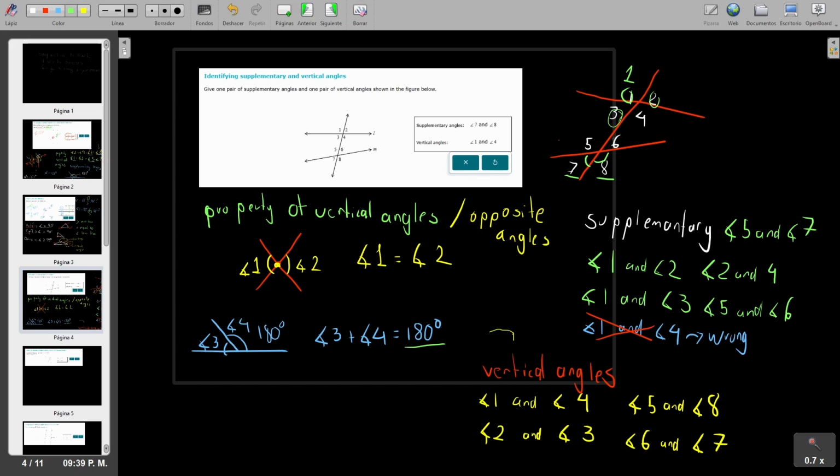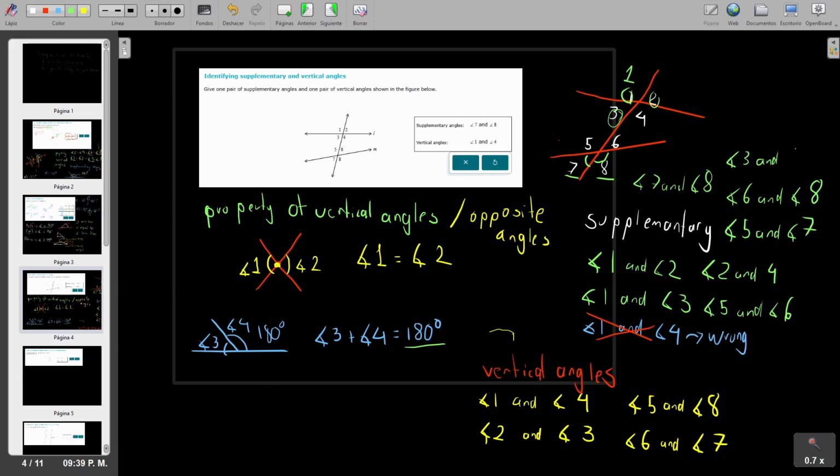We are missing 6 and 8. We also have 7 and 8, and we also have 3 and 4.